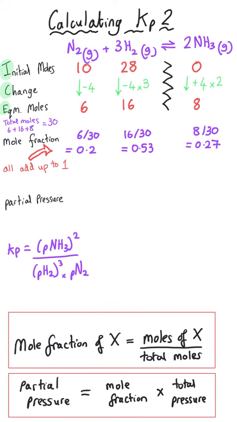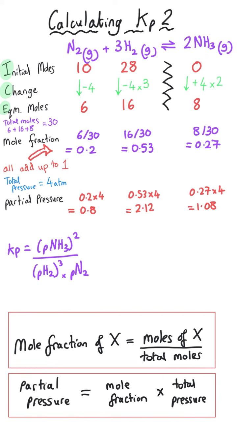And so for here, we do need a total pressure, so let's say that the total pressure is 4 atmospheres. That means the partial pressure of nitrogen is 0.2 multiplied by 4, so 0.8. Hydrogen is 0.53 multiplied by 4, so 2.12, and ammonia is 0.27 multiplied by 4, so 1.08 atmospheres.